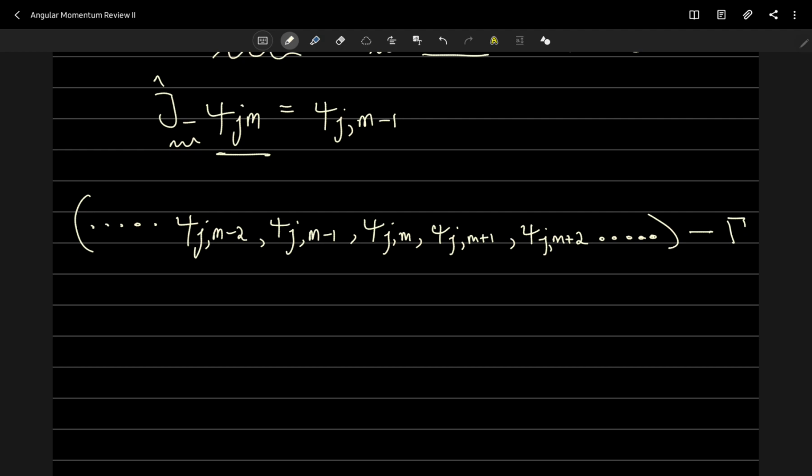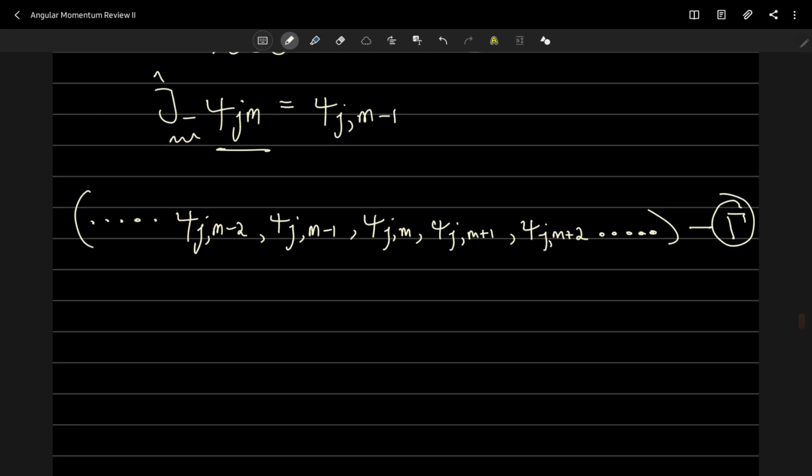I might refer to this equation later, so I'll just label it as equation gamma.